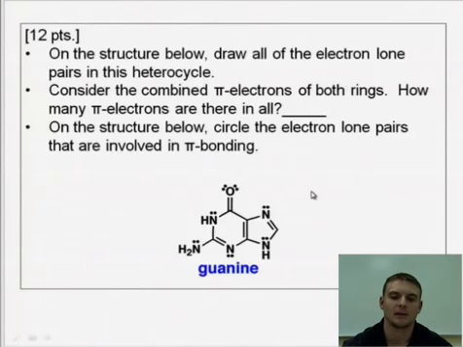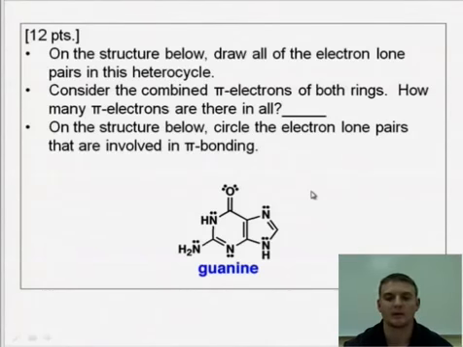If we start here at this nitrogen and make a count of 1, 2, 3, 4, 5, 6, 7, 8, 9, 10, 11 pi electrons for the core of this structure. And again, we need to consider the atoms appended off this molecule.